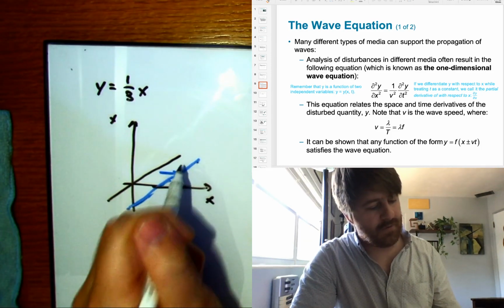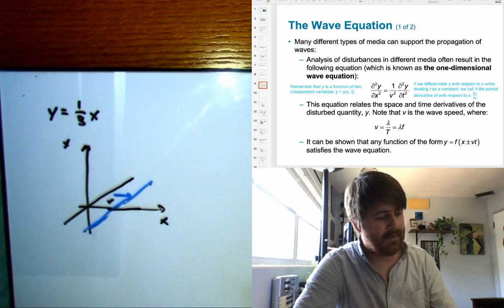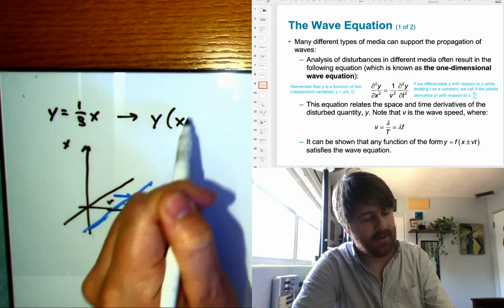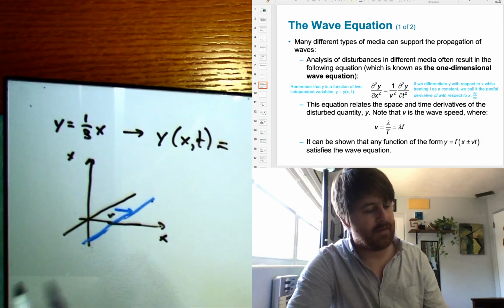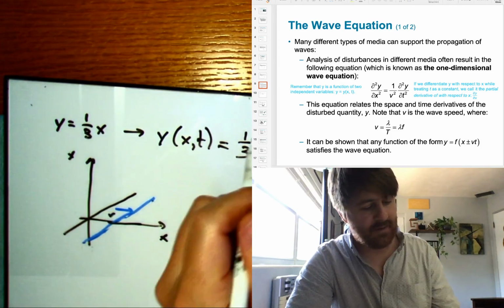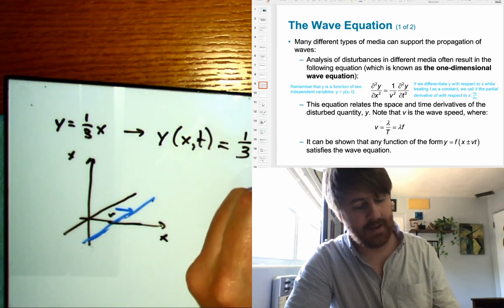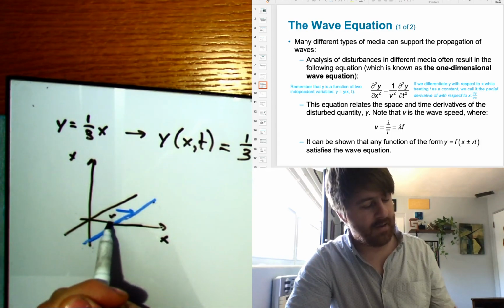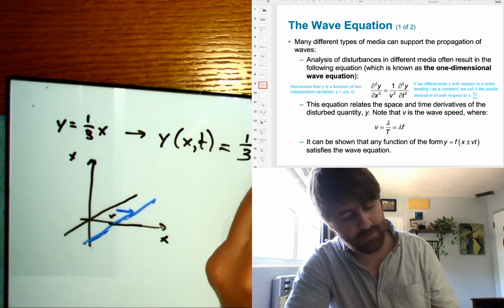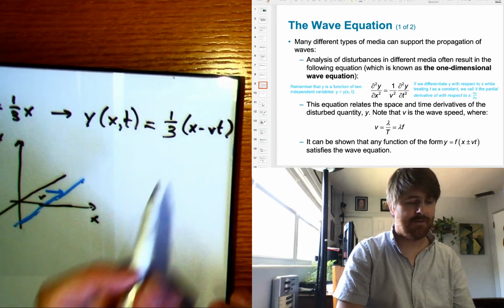and it moves at a constant speed v, we could write this as y of x and t is 1/3. Now I have to replace my x here with x minus, and then delta x would be v times t. This could be a wave, right?